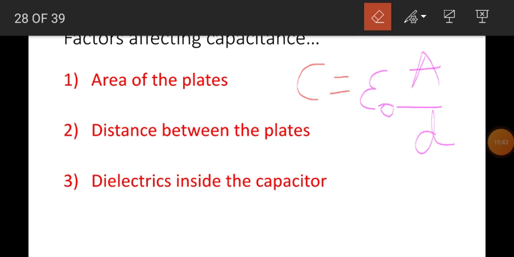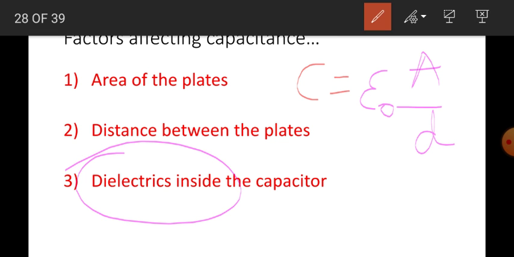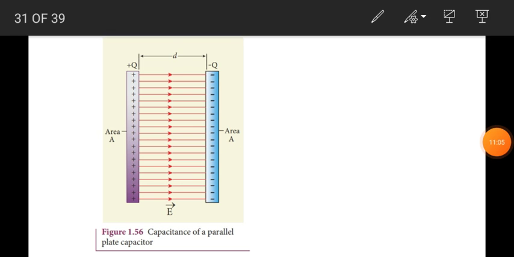So far we have seen that capacitance depends upon area and distance between the plates. Third factor is the dielectric inside the capacitor. Here this is the permittivity of free space or air. When we fill any dielectric between the plates, its capacitance will increase. So let's check that as well. So basically this is air filled.